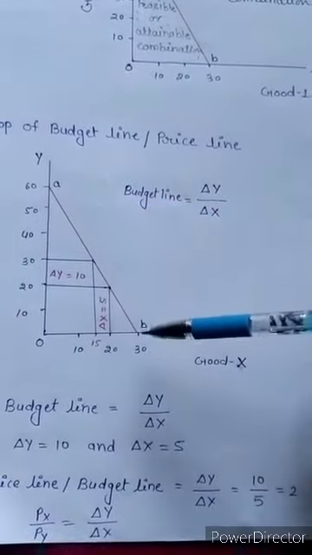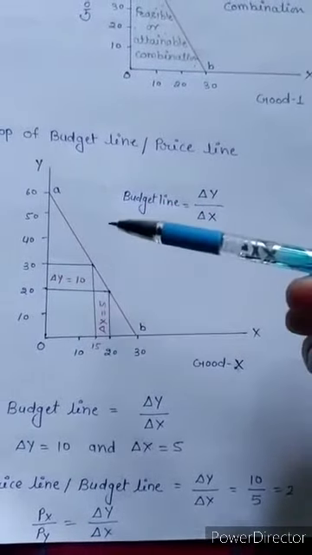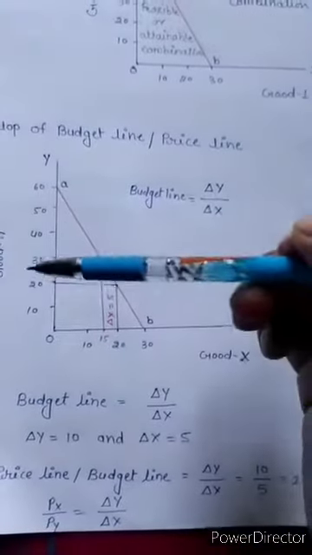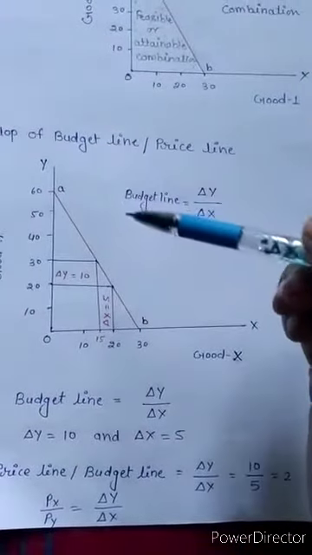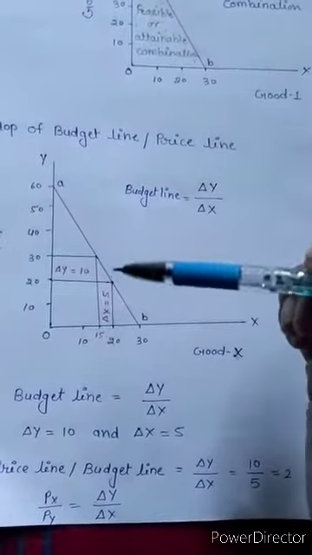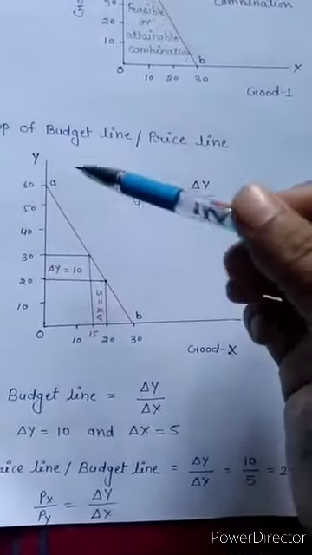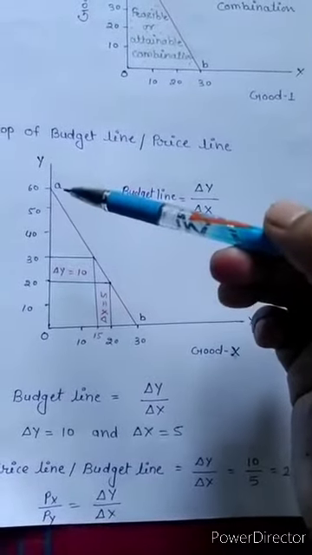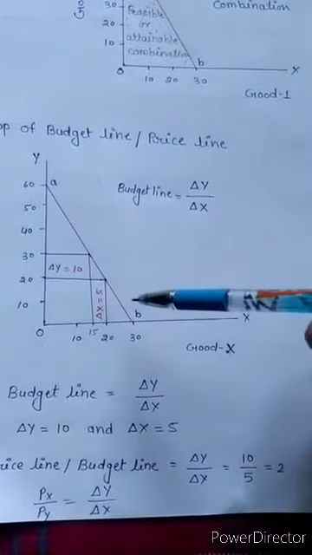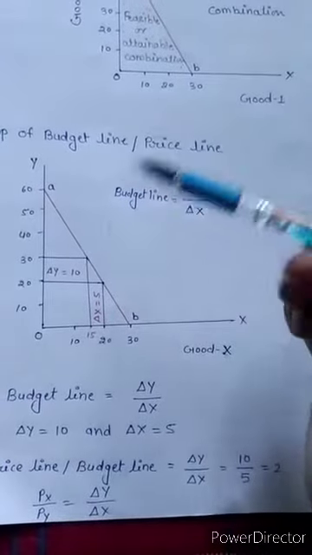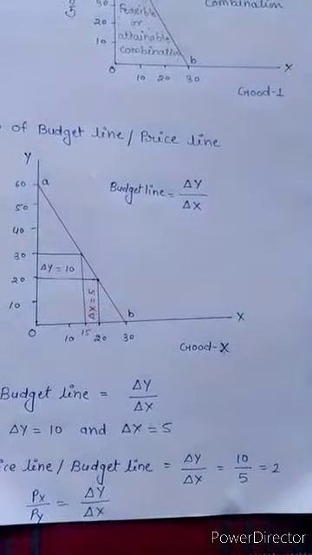It is just a straight line because the prices of goods X and goods Y are assumed fixed, there is no change in the price of goods X and goods Y. So the price line or budget line slopes from upward to downward and it is a straight line.